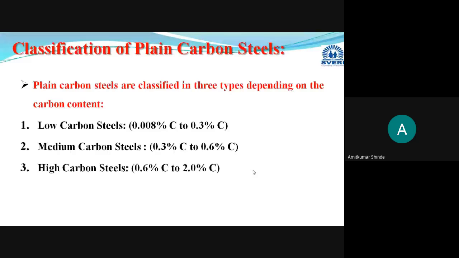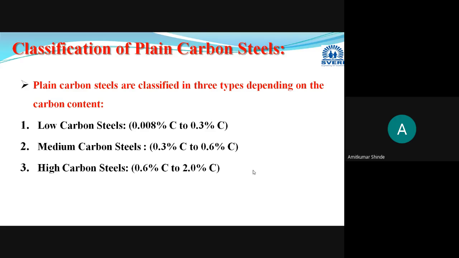And when other alloying elements are present along with carbon, like chromium, nickel, manganese, silicon, aluminium, tungsten, a number of elements may be there, then that type of steel is termed alloy steel. Generally in steels, the percentage of carbon is in the range from 0.008 to 2%.